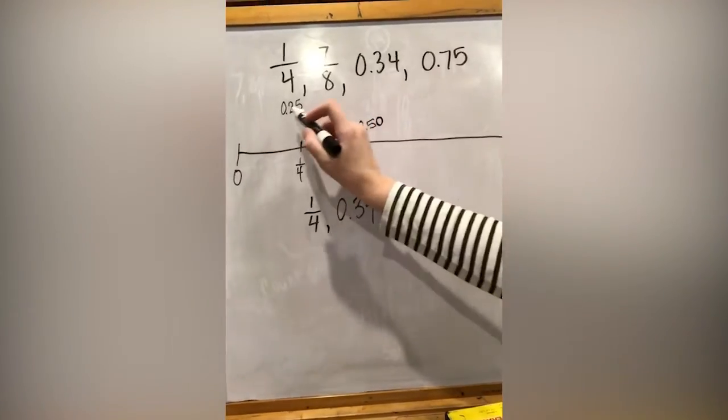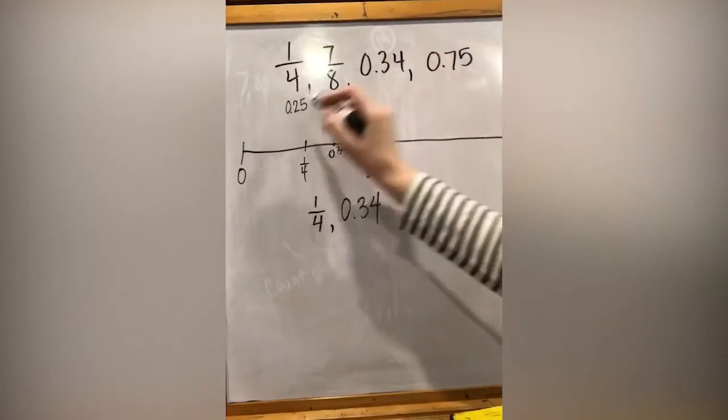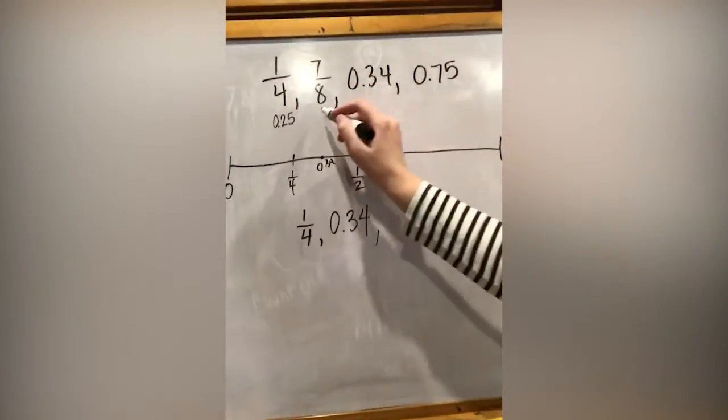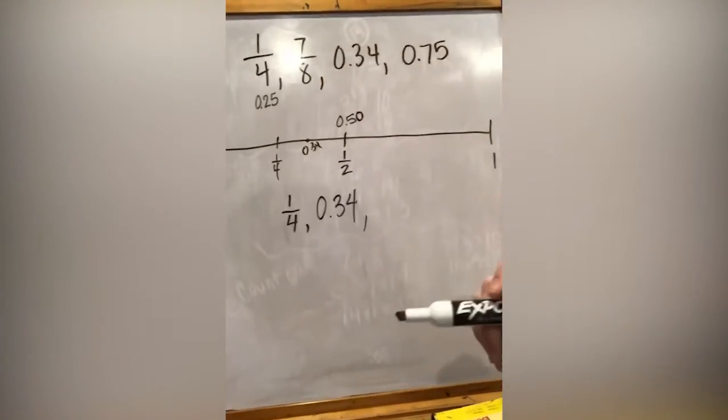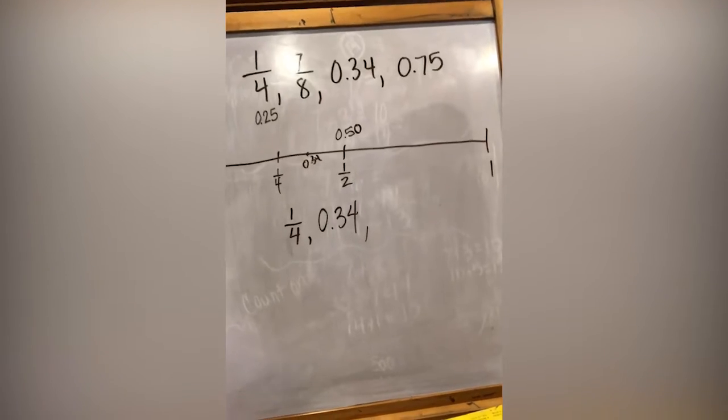Like we said before, 0 and 25 hundredths is what 1/4 is equivalent to, and that is less than 34 hundredths. Again, I'm very confident that 7/8 is pretty close to 1, so I'm thinking that's going to be my largest of these numbers.